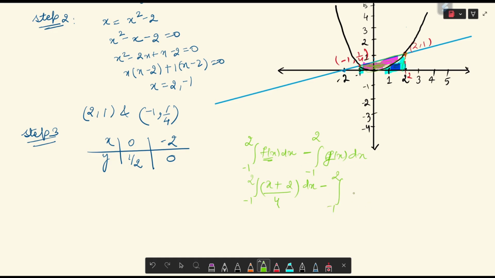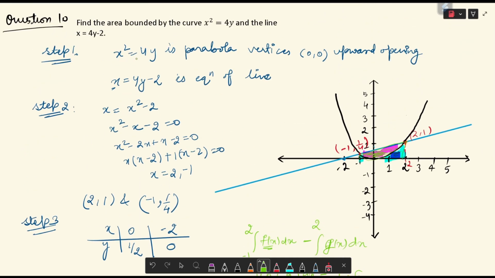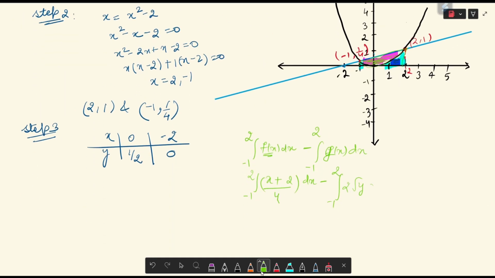Value of gx is 2 root y. Sorry, we need to find the function of x, so it will be x square upon 4, x square upon 4 dx.